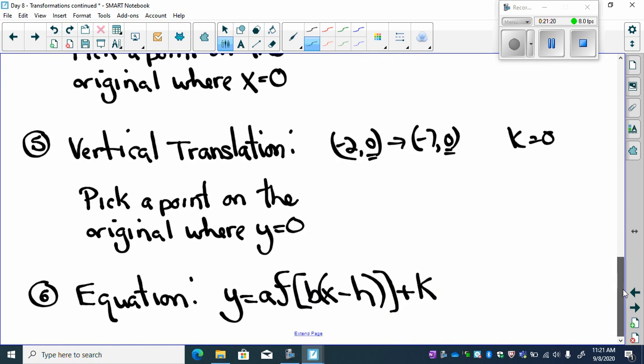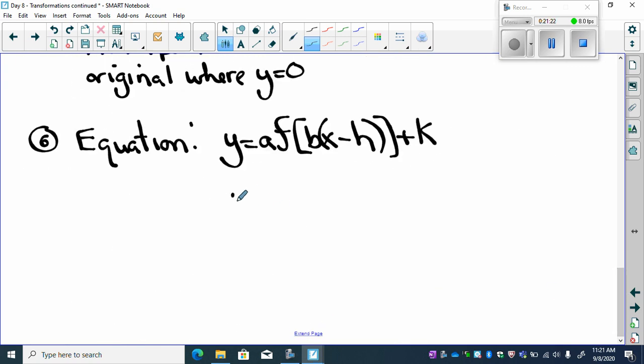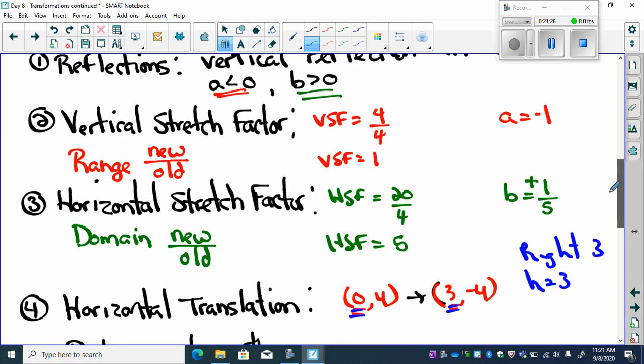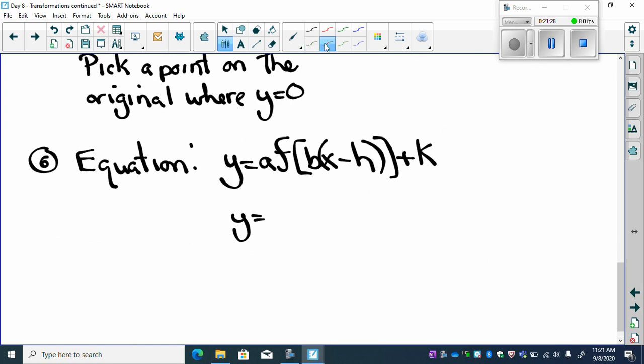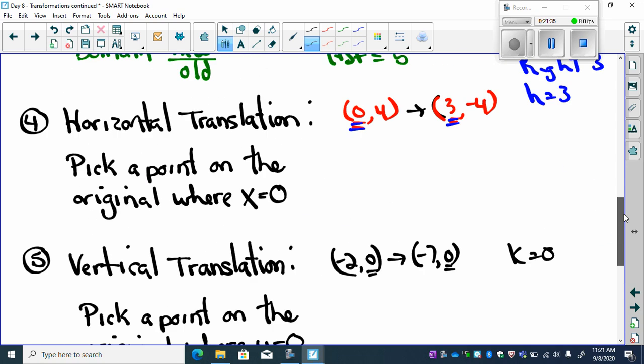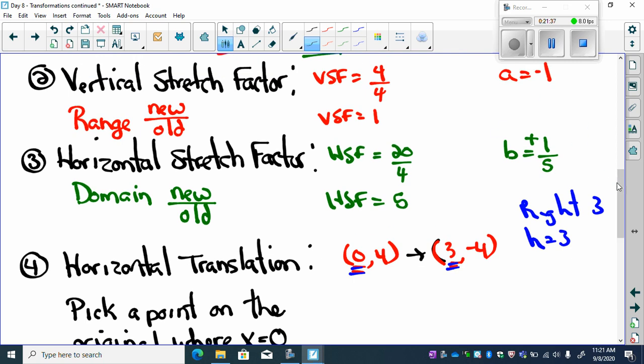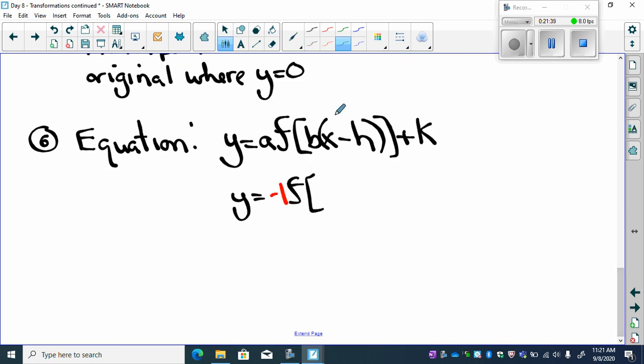When I go to write my equation, I will write y equals, the a value is negative 1, my b value is, now remember that's this number, positive 1/5. I'm just going to write a 1/5 in here.